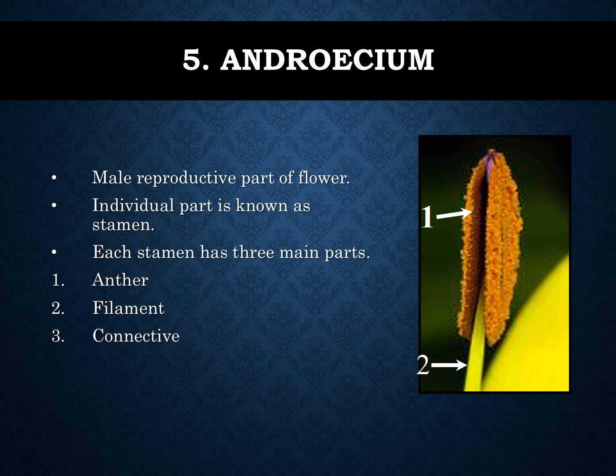Androecium is the male reproductive part of the flower, and the individual part is known as stamens, and each stamen has 3 parts: filament, connective, and anther. Anther is the pollen sac-like structure. Filament is the hair-like structure that connects the anther with the flower.